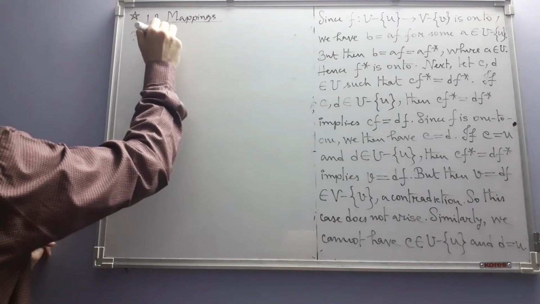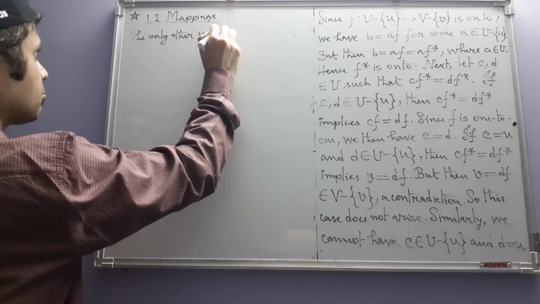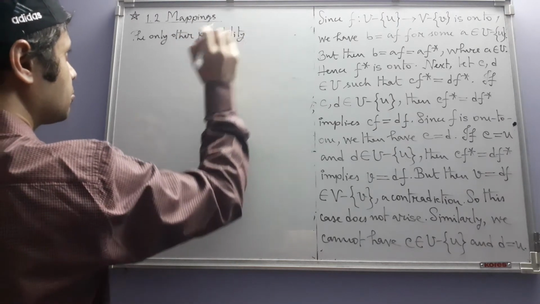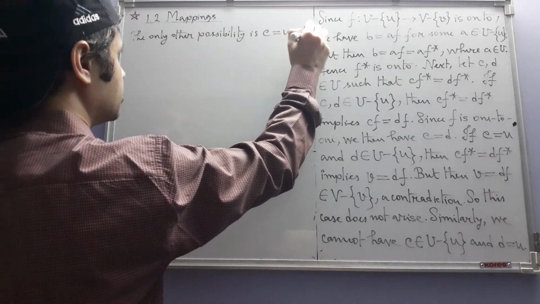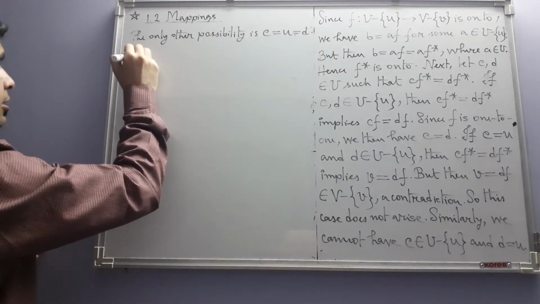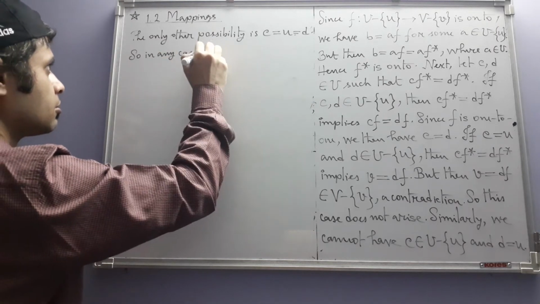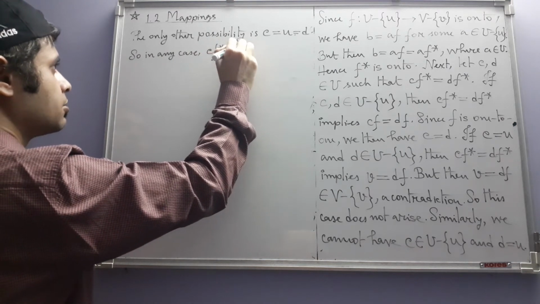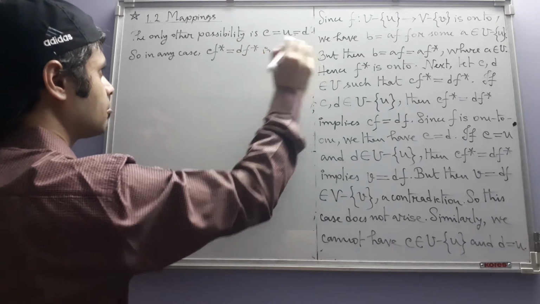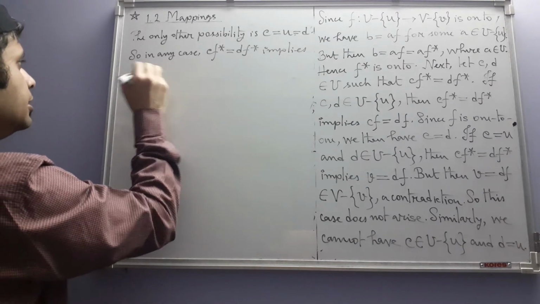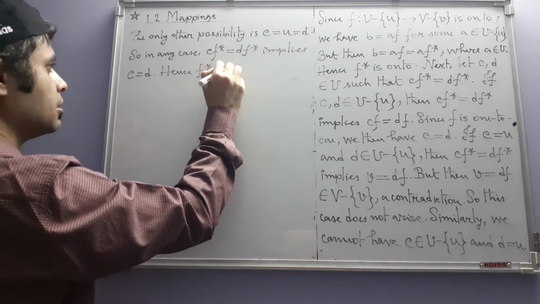The only other possibility is C equal to u, which is also equal to D. So in any case, Cf star equal to Df star implies C is equal to D. Hence, f star is 1 to 1.